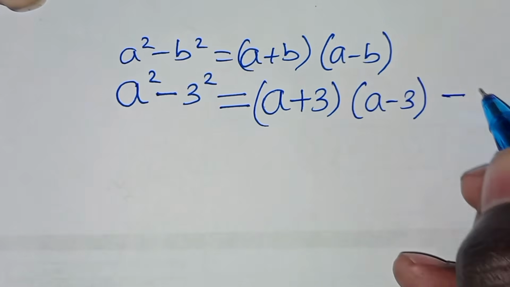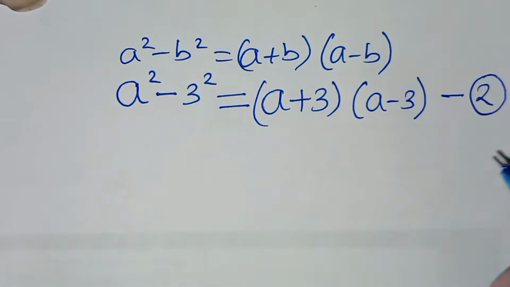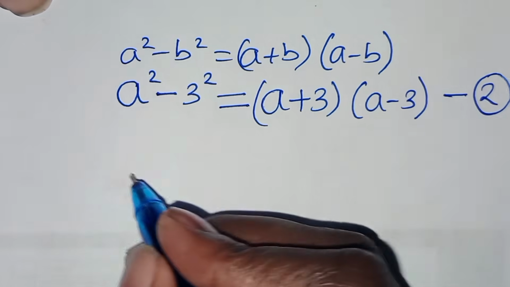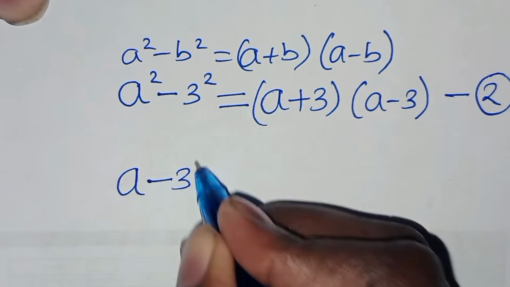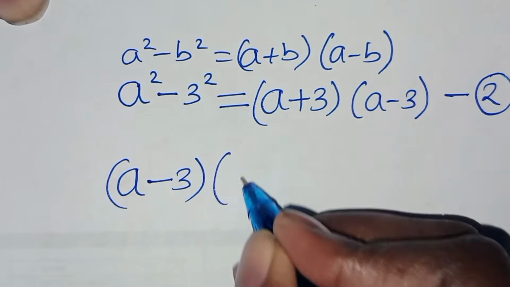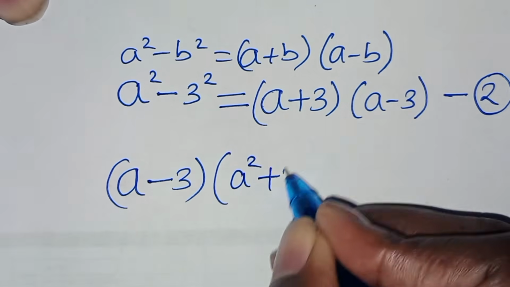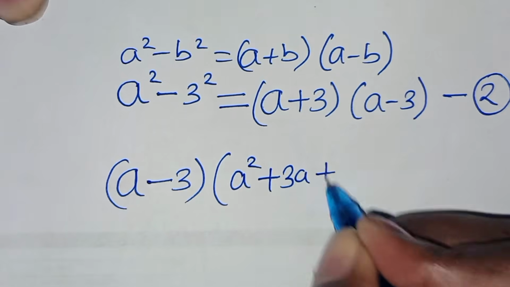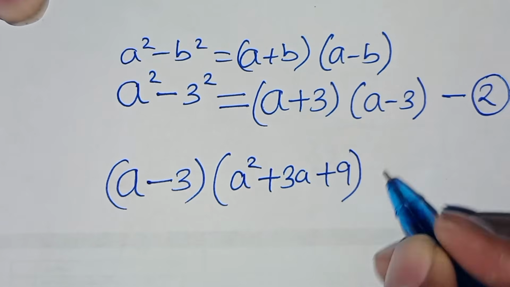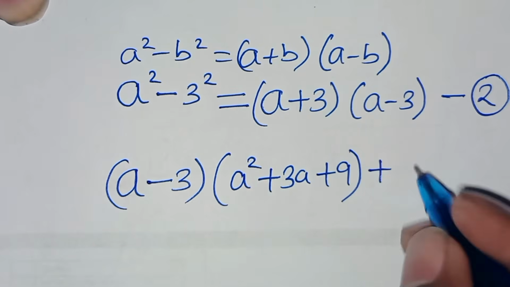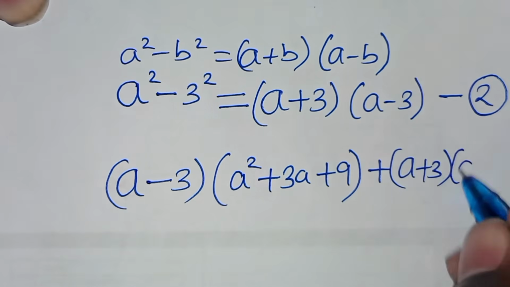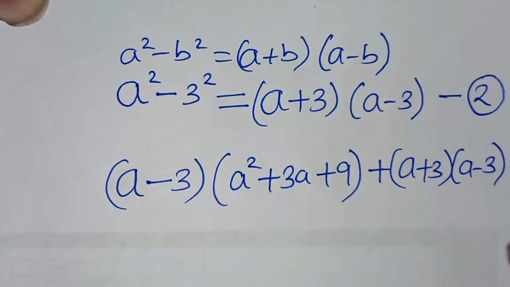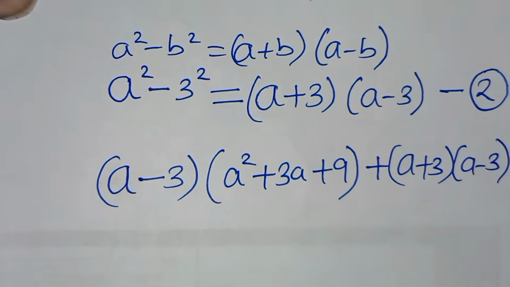Let's call this equation 2. Now, let's combine equation 1 and equation 2. We have a minus 3 times a squared plus 3a plus 9, plus a plus 3 times a minus 3, equal to 0.